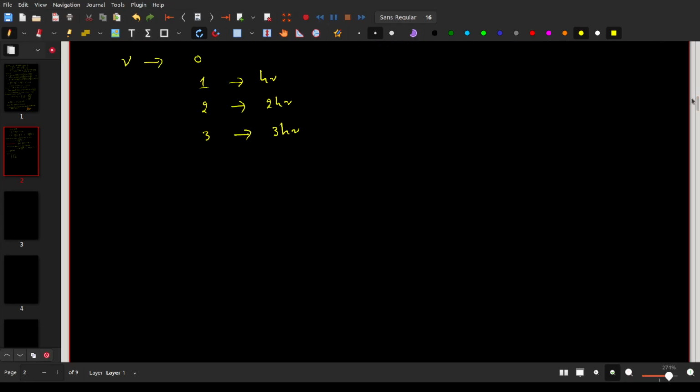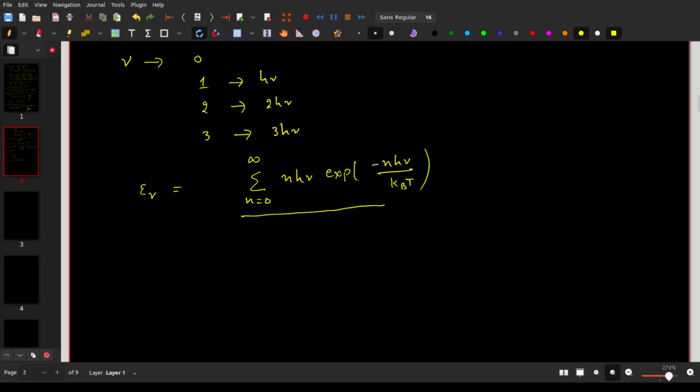So if we apply Boltzmann statistics at frequency nu to all these quantas, then the average energy at frequency nu by Boltzmann statistics will be given by this sum: n h nu exponential minus n h nu by kBT, divided by the partition function, which is the sum of exponential minus n h nu by kBT.